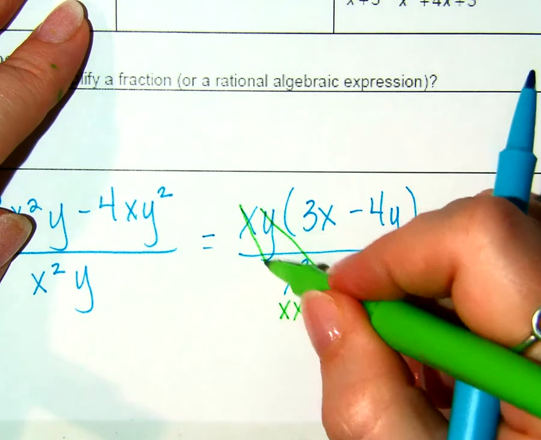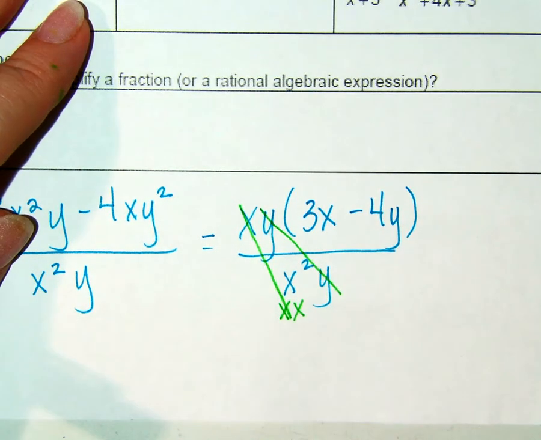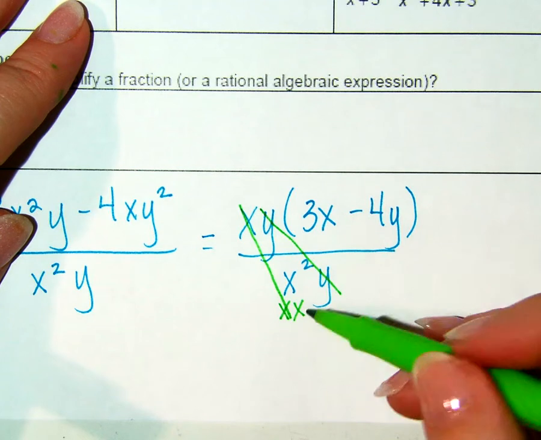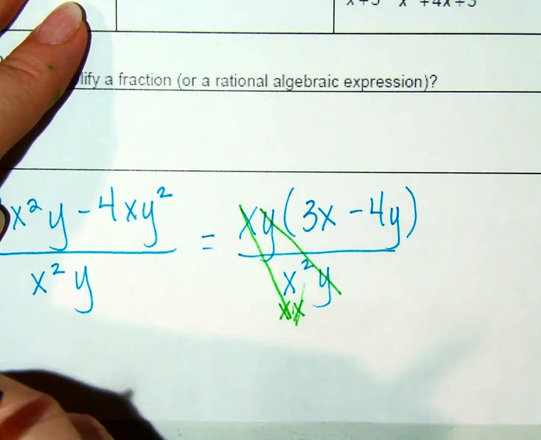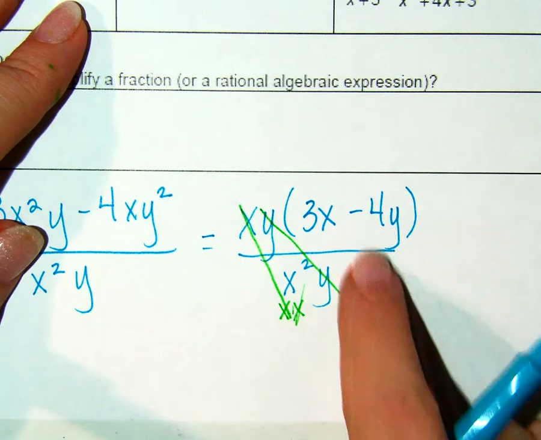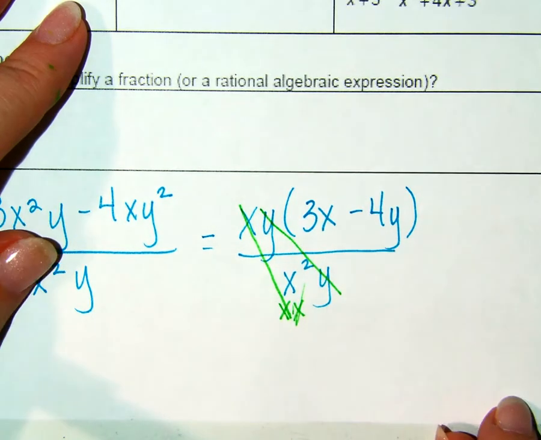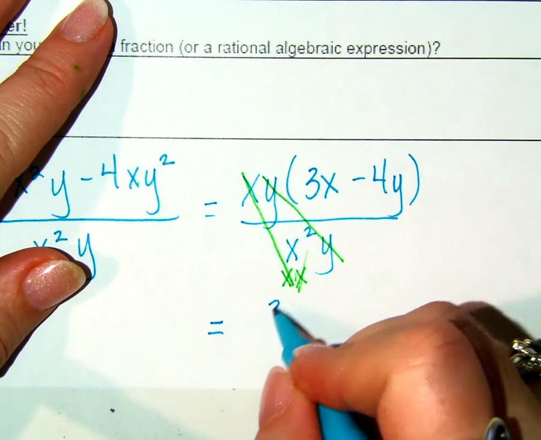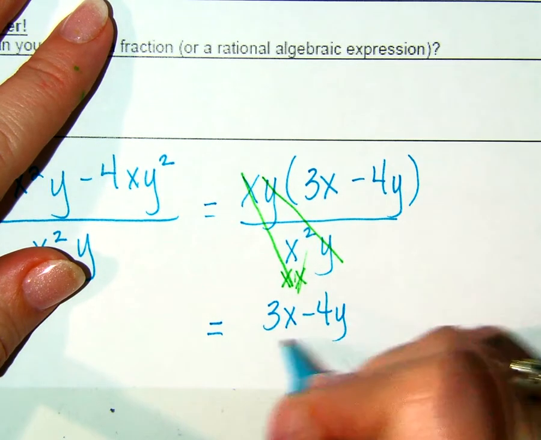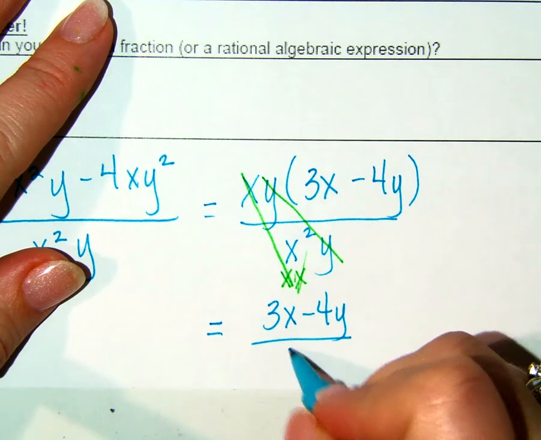So can I simplify one of the x's? Can I simplify these x's? Because the 3 is attached. And it's minus 4y. That whole thing is a factor. So what's my answer then? 3x minus 4y over x. Done.